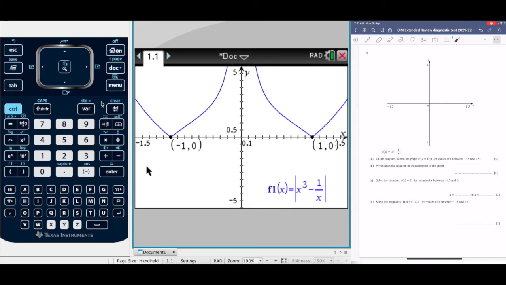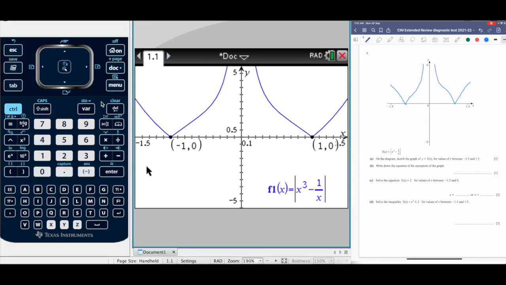Another value, which is 1. So now I can try and draw this in. So it comes down, hits at 1, and then goes up. And it's pretty symmetrical. So it looks something like that.